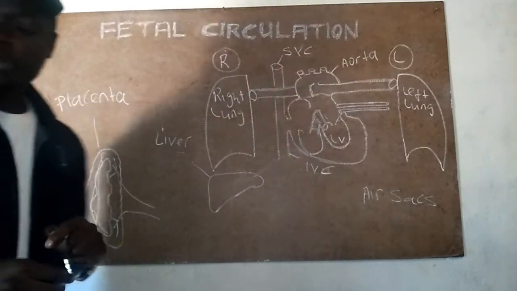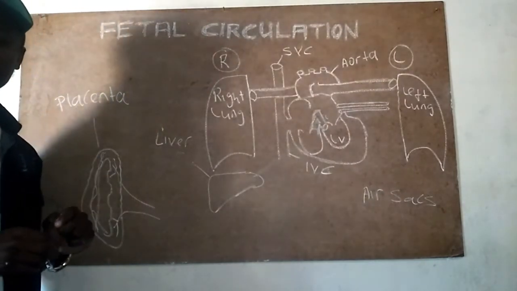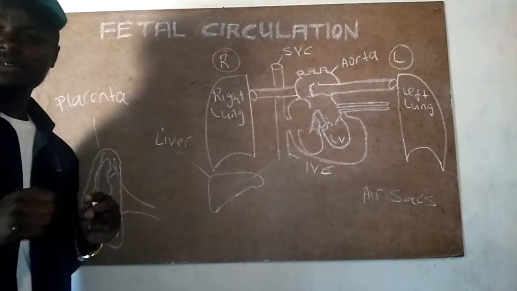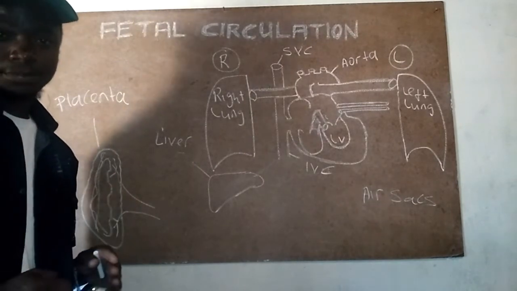And the placenta is also going to supply the baby, the fetus, with a lot of immunoglobulins, even the antibodies that the mother might have come across during her lifetime.